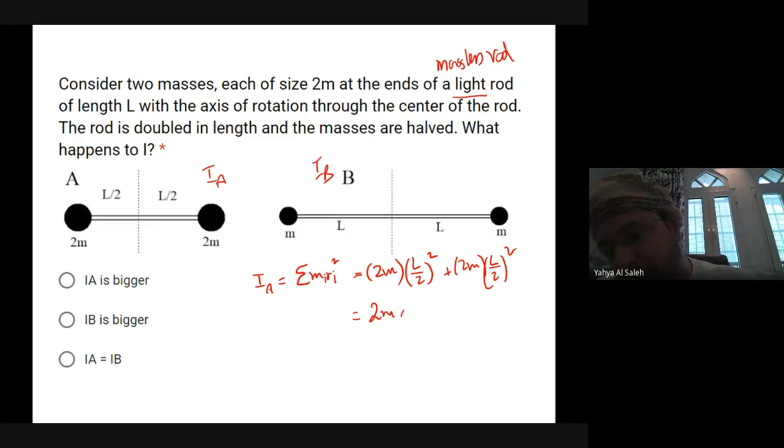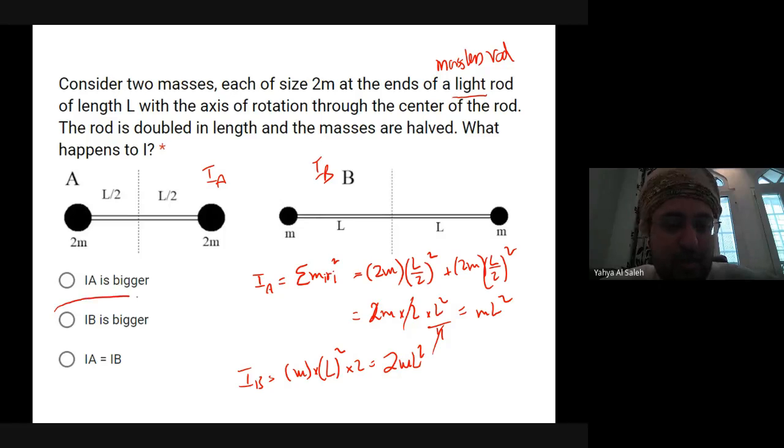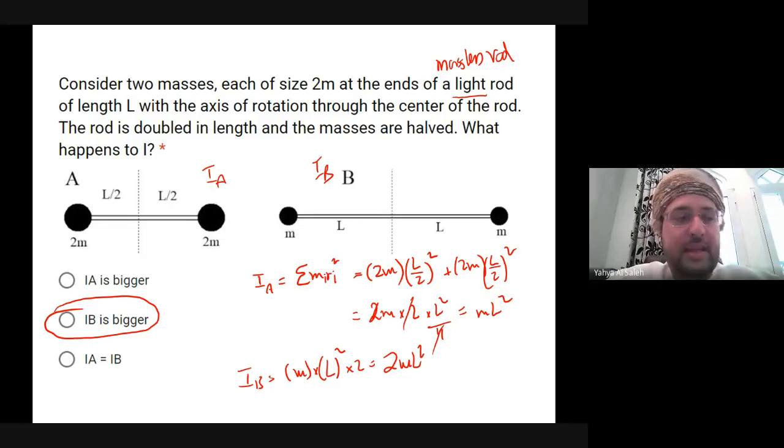So 2m times 2 times L squared over 4. 2, 2, 4. I end up with mL squared. I_B will be m times L squared times 2, which is 2mL squared, which means that I_B is more than I_A. B is the correct answer.